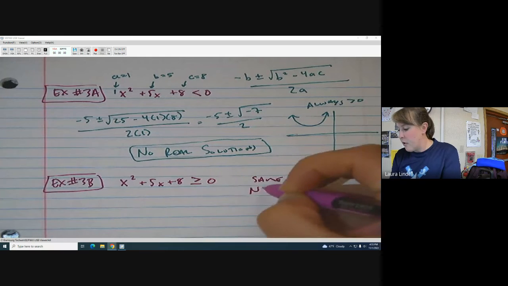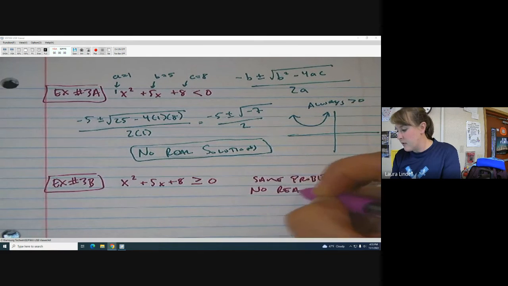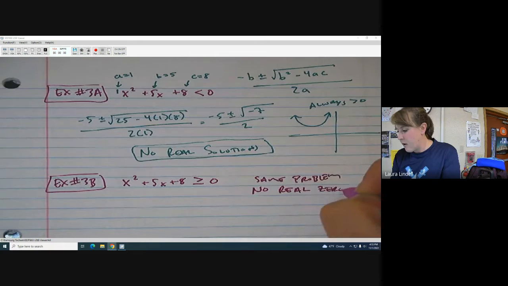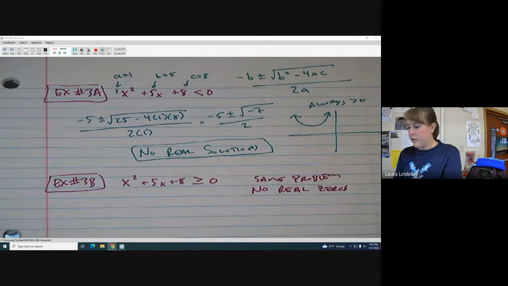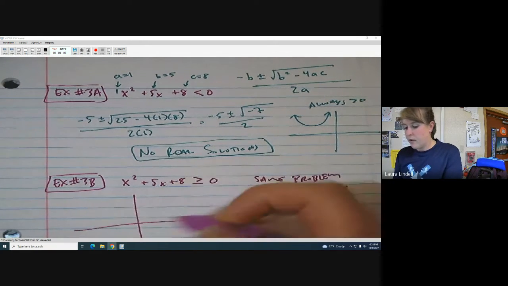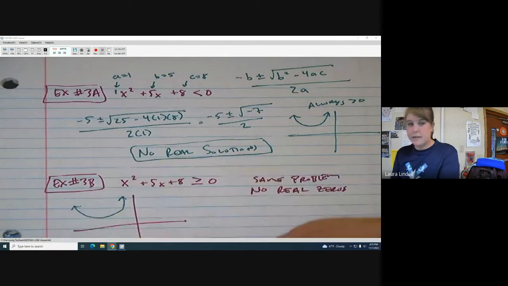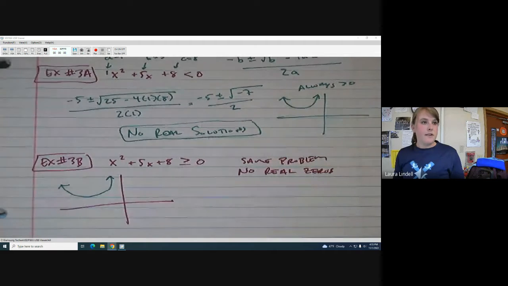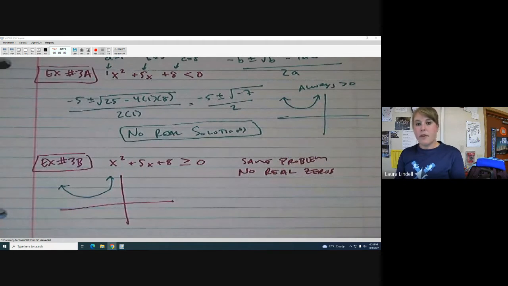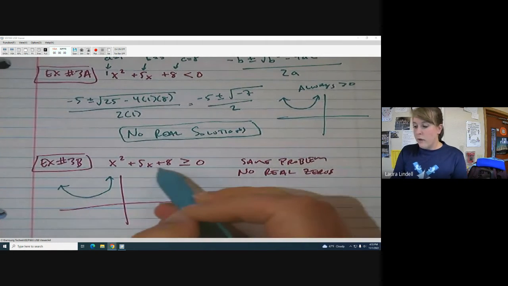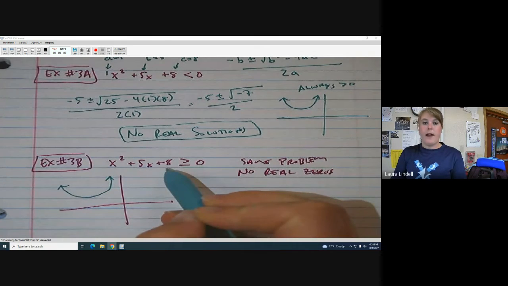There's still no real zeros. But this time we look at the graph. And we notice that it looks something like this. And it's still, the function is always greater than 0. So this statement is always true no matter what I plug in for x, right?